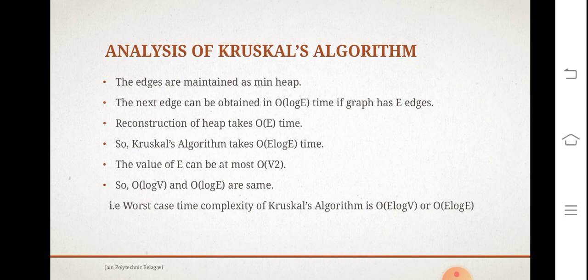So Kruskal's algorithm takes O(E log E) time, and the value of E can be at most O(V squared). So O(log V) and O(log E) are the same. That is, the worst case time complexity of Kruskal's algorithm is E log V or E log E, where E is the number of edges and V is the number of vertices. That is about analysis of Kruskal's algorithm.